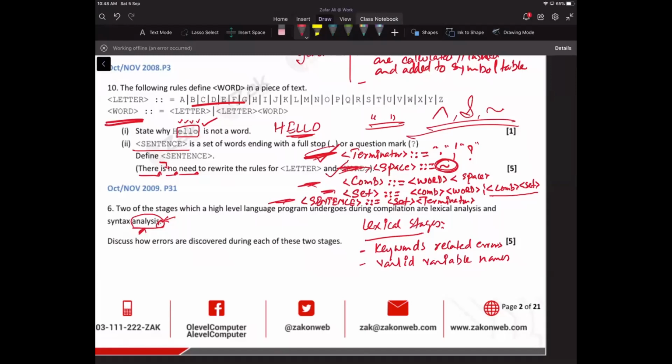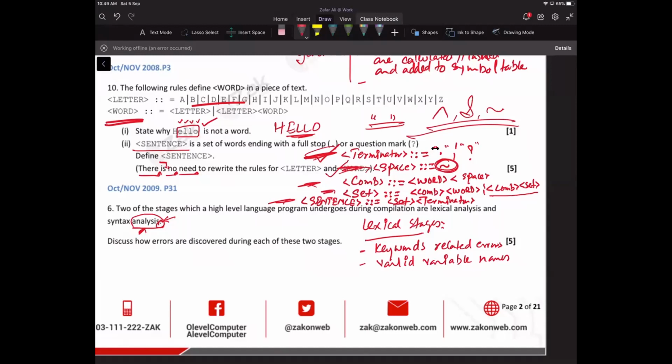So at lexical stage, keywords related errors are shown, valid variable names are checked. Variable names against the rules.